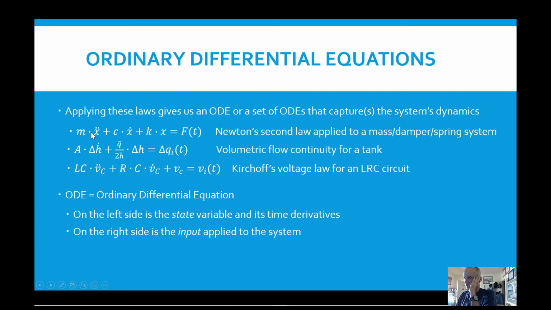You also have to take into account these other things that are hooked to the mass, and then your driving quote-unquote force in this ODE is the change in flow rate into the tank. And here at the bottom for this LRC circuit, the driving quote-unquote force is the voltage source in the circuit.